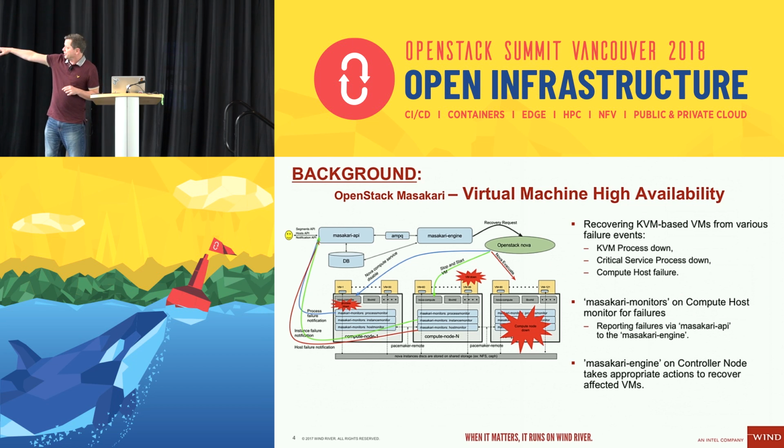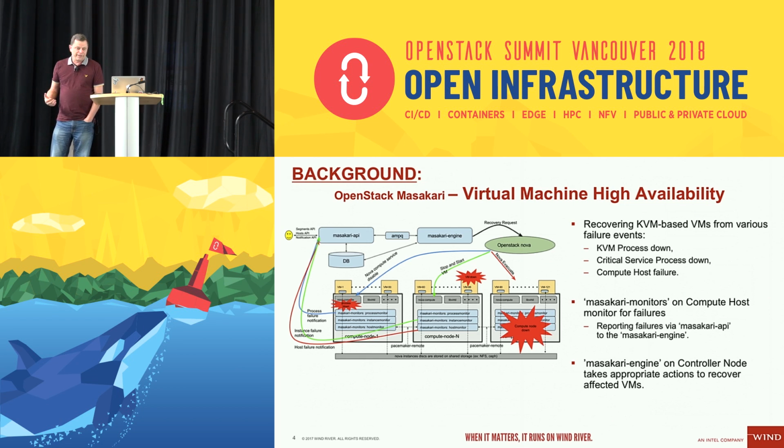So the architecture, right off their read the docs page: they have a set of Masakari monitor agents that run on the compute, and they monitor a variety of things. They monitor host connectivity to the compute nodes. They do critical process monitoring of the OpenStack service infrastructure.